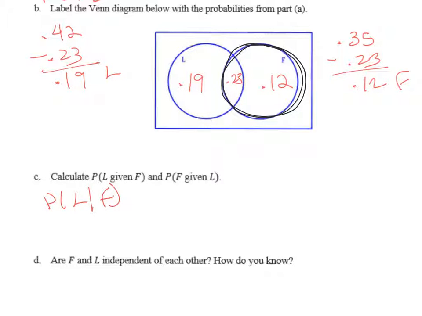So the entire F circle has 0.35 or 35%. Now the part that includes L is just the 0.23, so that's your numerator. If you divide them in your calculator, we get 0.66.